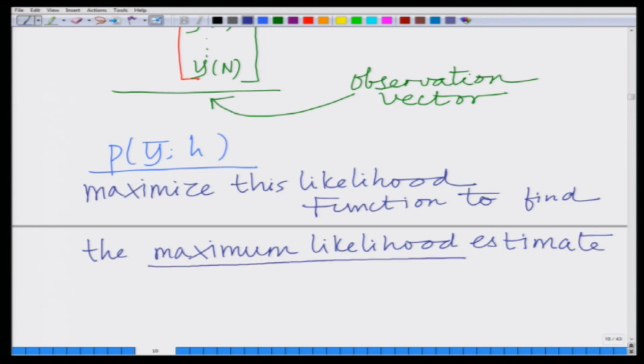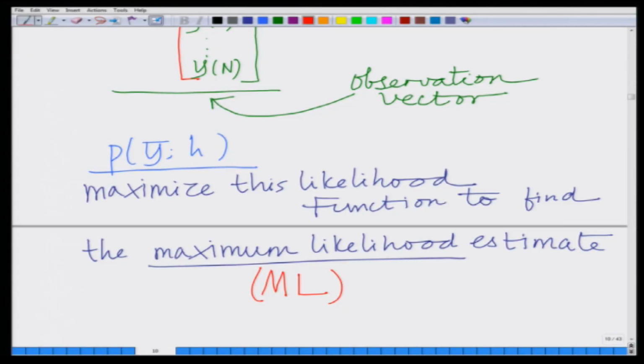In short, this is also denoted by ML. So we would like to maximize the likelihood function to find the maximum likelihood estimate of the unknown parameter h. This concept of maximum likelihood is also abbreviated as ML.